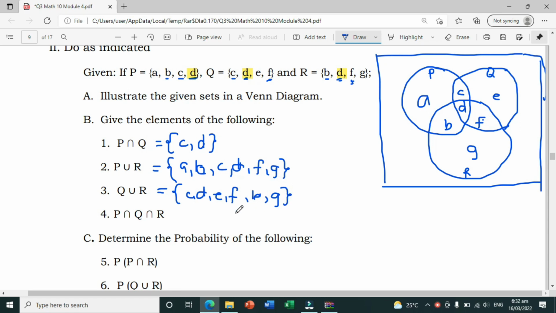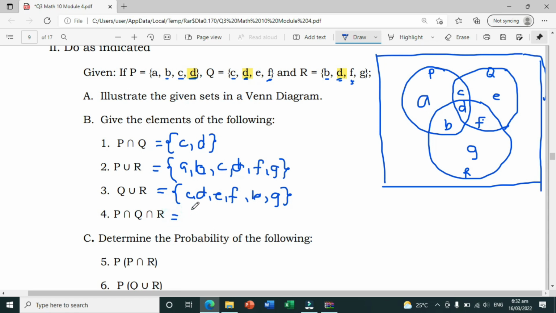So, ito yung mga elements ng union of Q and R. We have C, D, E, F. Tapos B. Tapos G.